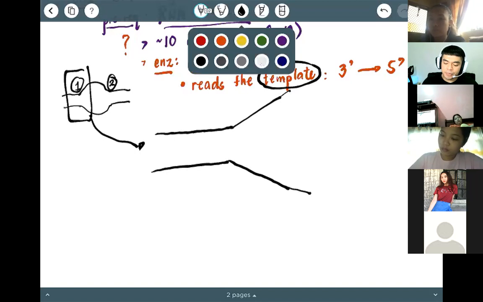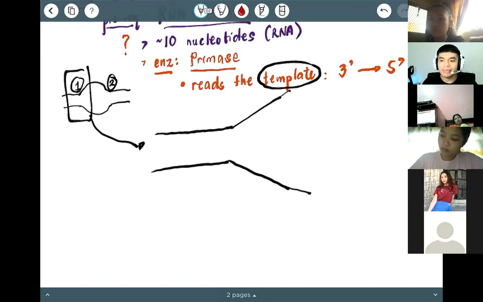And let's say, this has an anti-parallel arrangement. For instance, this is from 3' to 5', the old strand, I am referring to the old strand. And then yung isa naman ay 5' to 3'. Question, if anti-parallel ang arrangement, paano mag-a-act ang primase?